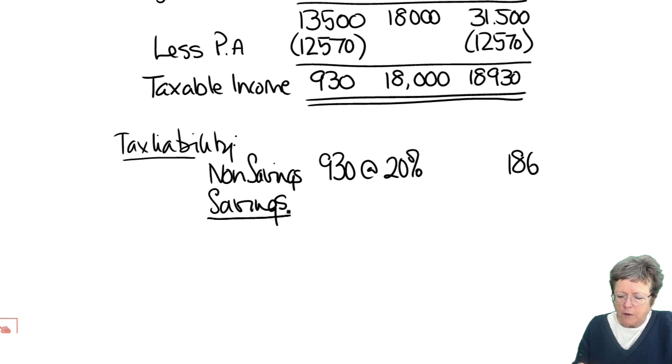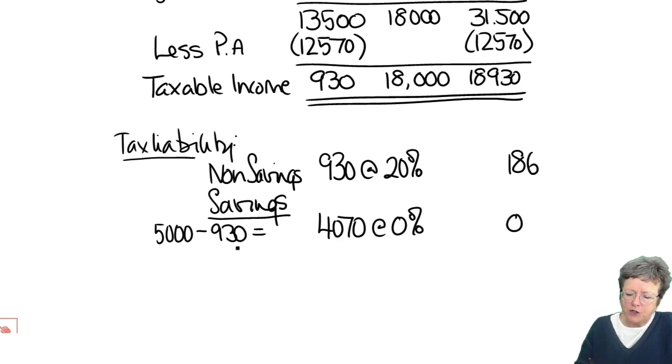Now, this 18,000 falls partly into that first 5,000. So we have 5,000, which is the starting rate of 0%. But we've used 930 of it with the non-savings income, which leaves us with 4,070, and that's at 0%.